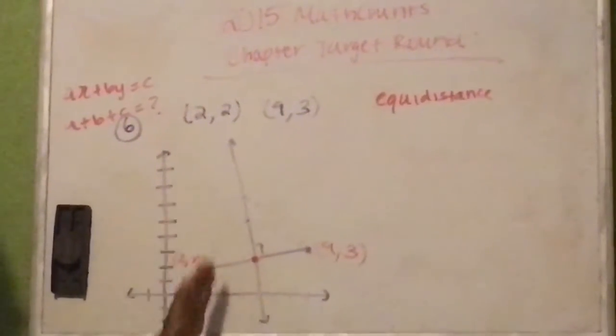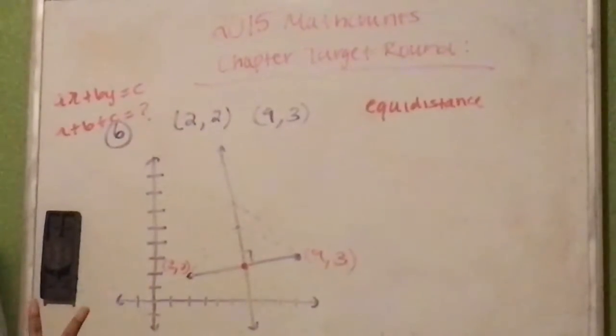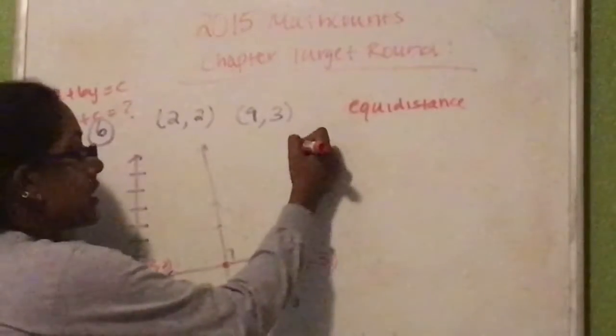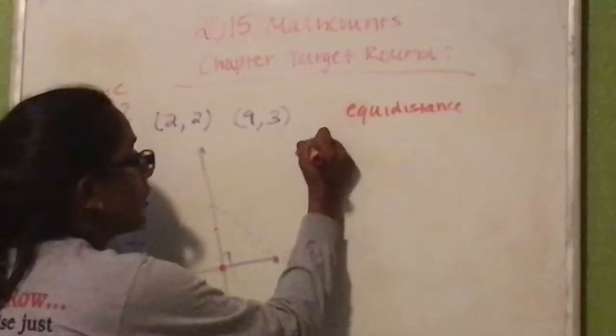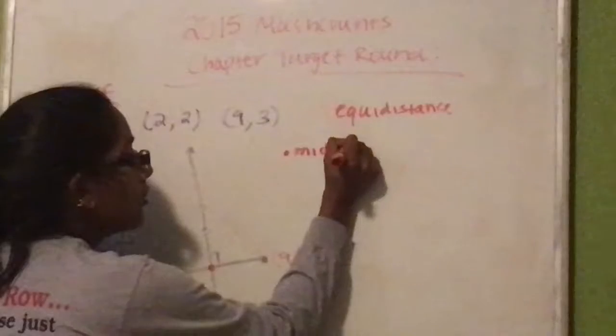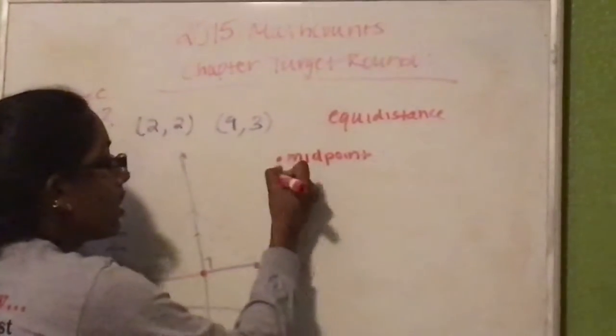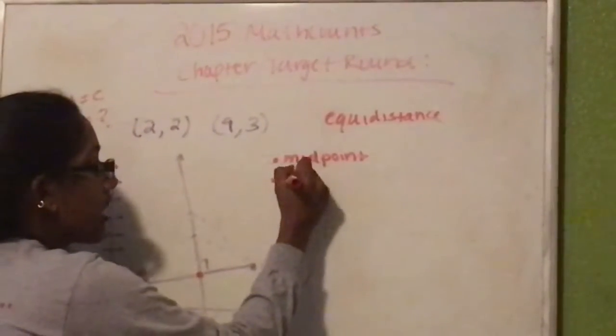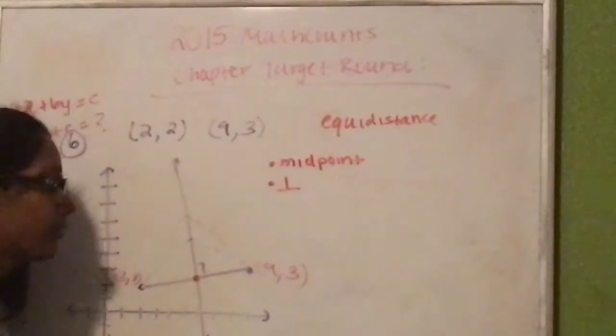To find the line equidistant from 2 points, there are 2 conditions that need to be met. The first condition is that it must go through the midpoint. The second condition is that it must be perpendicular.